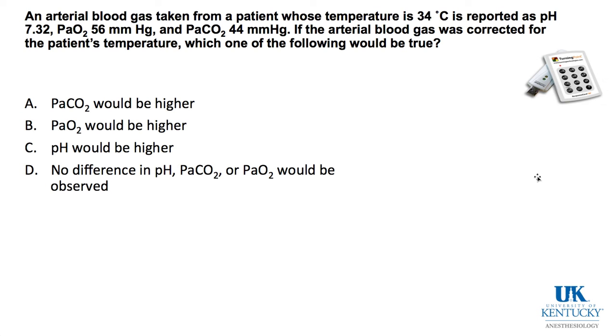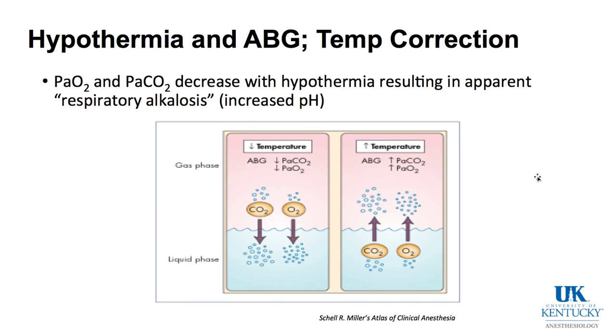So let's look at this concept of temperature correction of arterial blood gases and the effect of hypothermia on arterial blood gases. This graphic is from a chapter I wrote in Miller's Atlas of Clinical Anesthesia, and it's attempting to show the effect of temperature on arterial blood gases. And you can see that when the temperature goes down, hypothermia, the kinetic energy of the molecules of carbon dioxide and oxygen are decreased.